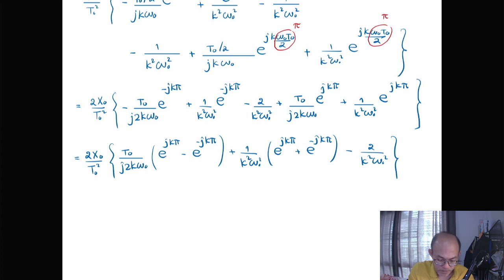All right, now this one is 2 cosine of pi, right?